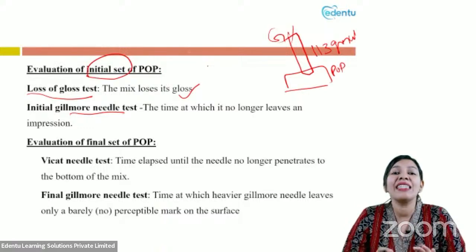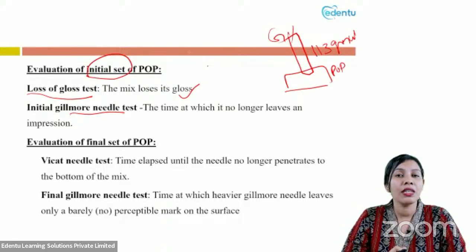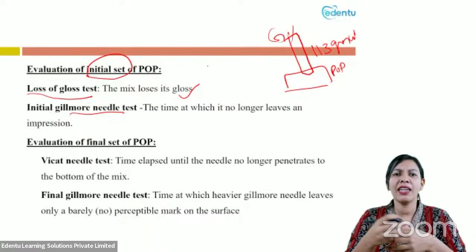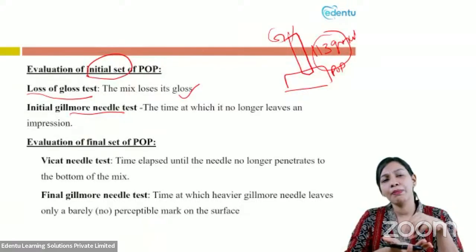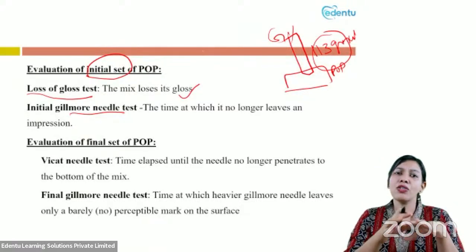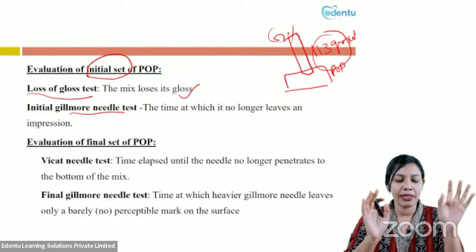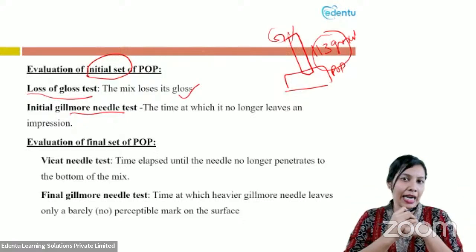If no indentation is produced on its surface, it shows that the initial set has taken place.